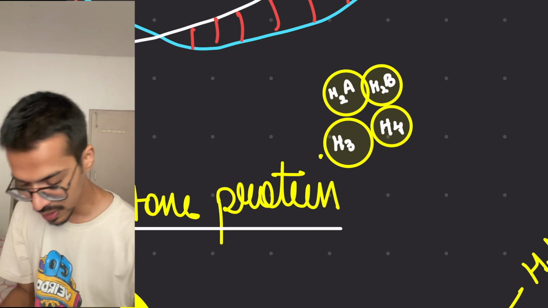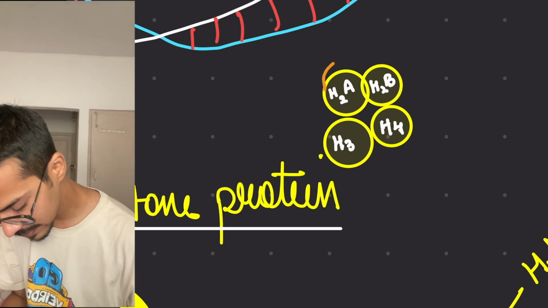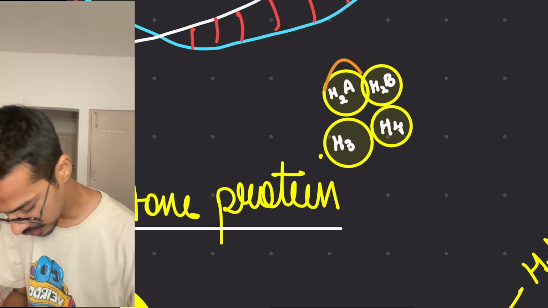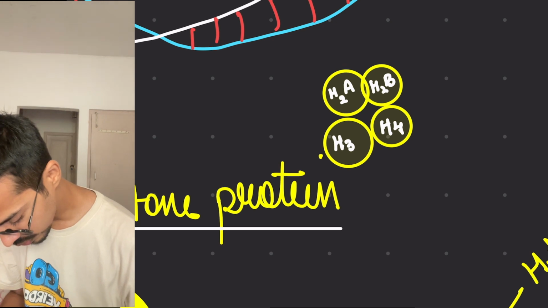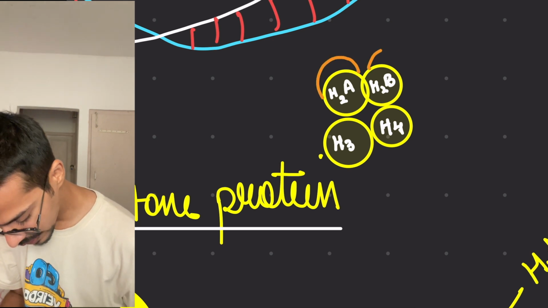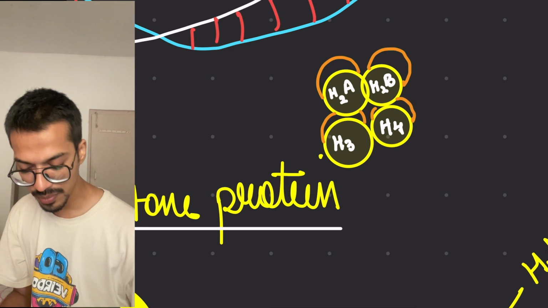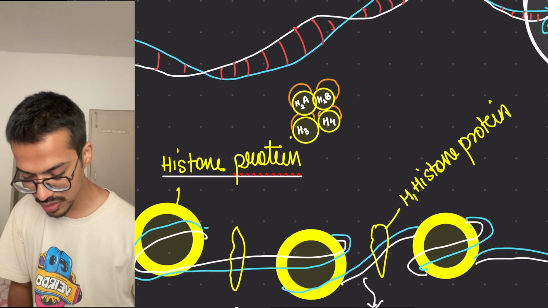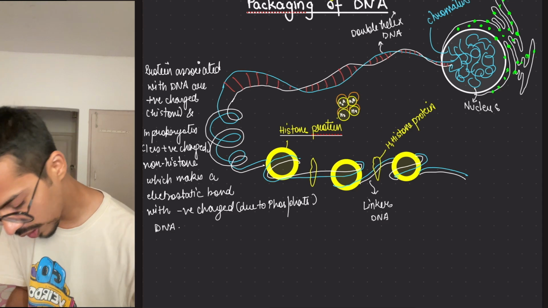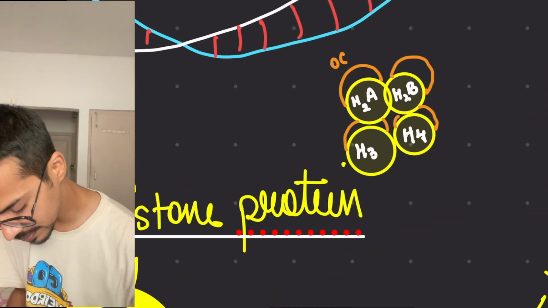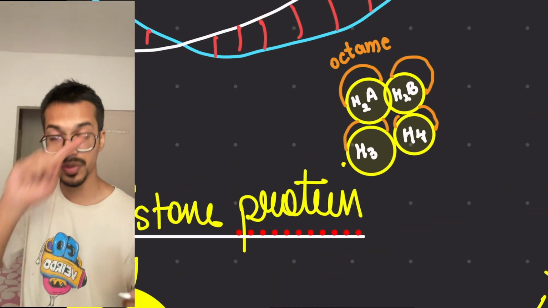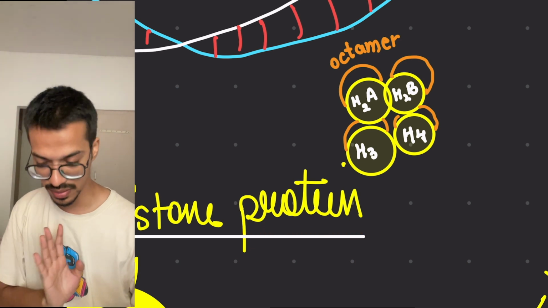Means there are a total of 2 of each, all of them in 2 forms, means they are a doublet. So this area will be called an octamer, histone protein octamer, because 8 histone proteins are present in it.